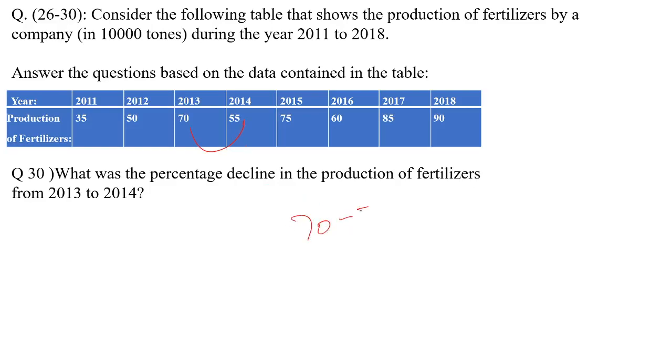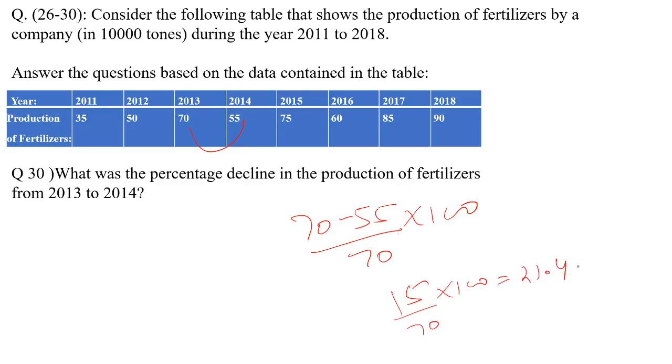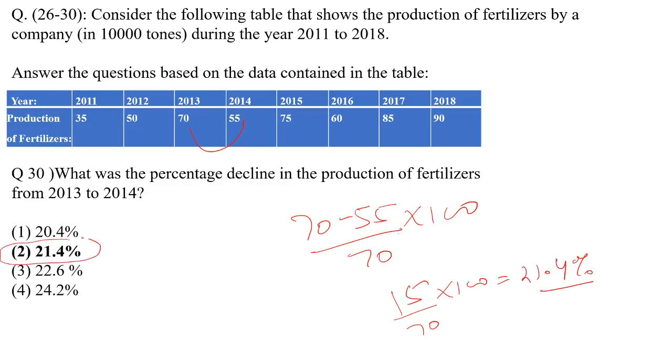That means 70 minus 55 upon, as it is about the previous year, so it will be 70 into 100. 15 upon 70 into 100, that is 21.4%. Let's see the options. Option number 2 is correct.